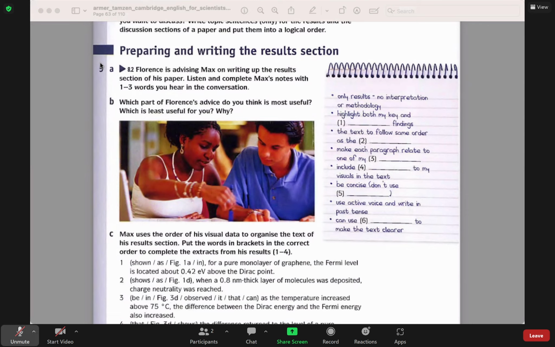Can you recognize any missing words? The text, we talk about the results, right? The results section. And the text follows the same order as the results, you mean?